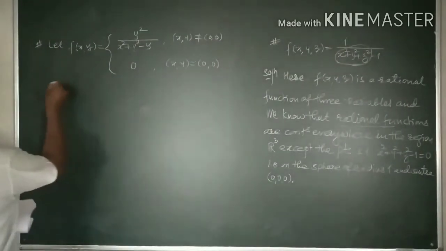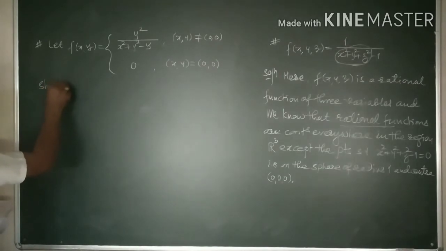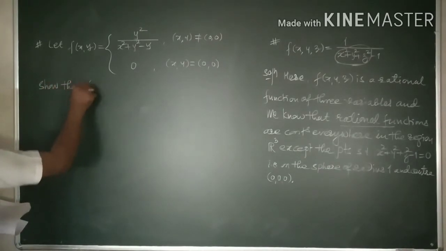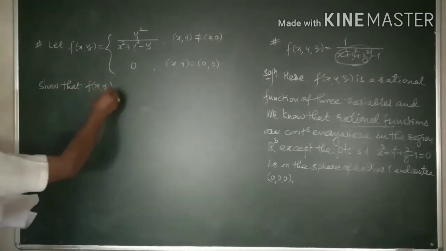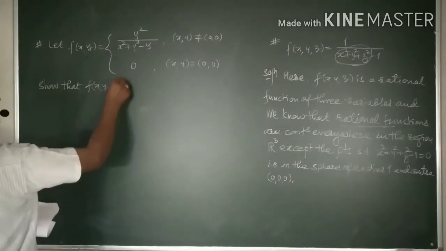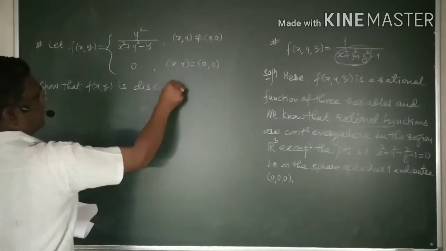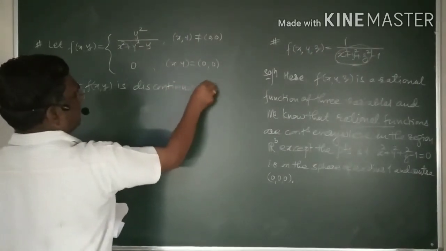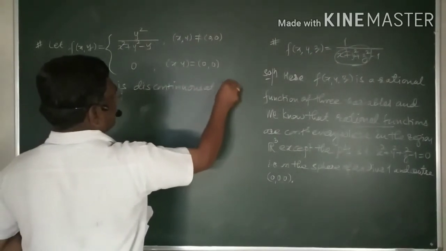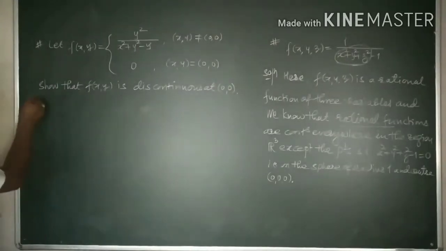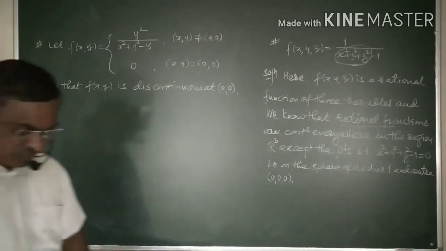Show that f of x, y is discontinuous at 0, 0.